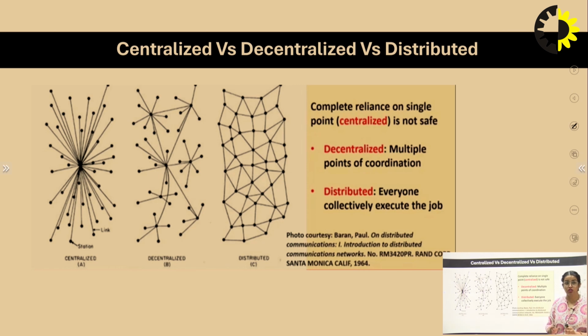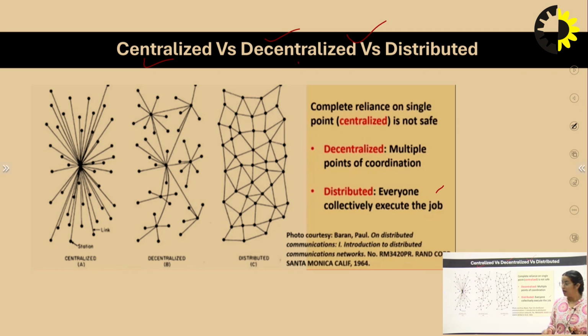Our traditional database system works on the centralized system, and blockchain works on both systems. It depends on the type of blockchain, which type is using the decentralized and which is using the distributed system. Now we will discuss the difference between centralized, decentralized, and distributed.